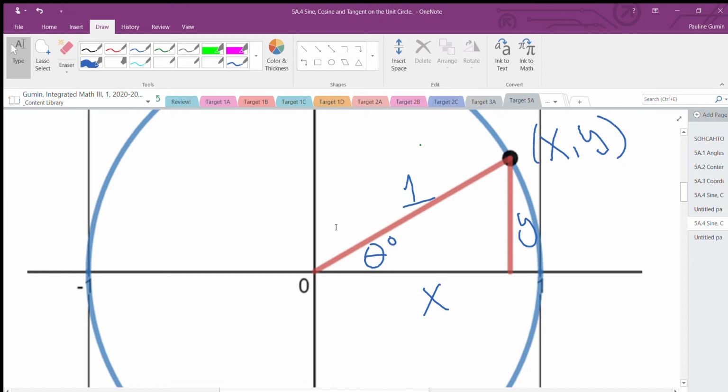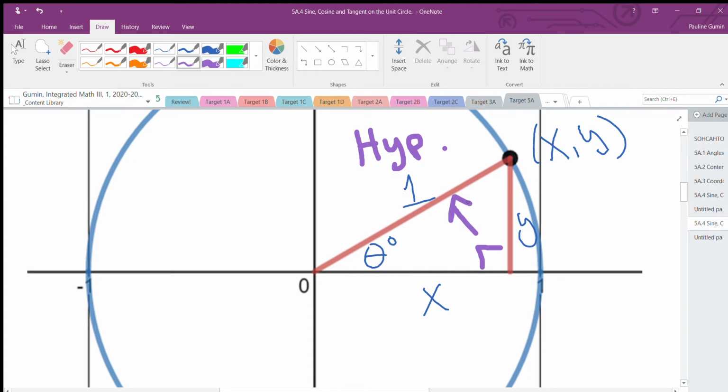Now, if we're thinking about right angle trigonometry using sine, cosine, and tangent, we need to label all of our sides as opposite, adjacent, and hypotenuse. So let's do that. Let's begin with hypotenuse because I think that's the easiest one. This is the hypotenuse. It is always across from the right angle.